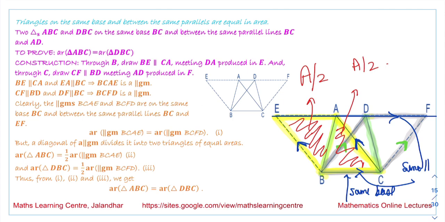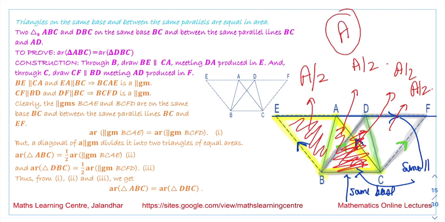So the area of this triangle is A by 2 and the area of this triangle is A by 2, because the areas of the two parallelograms are equal and we are considering the area of the parallelogram to be A. So the area of triangle ABC and the area of triangle DBC are equal, and this is what we had to prove.